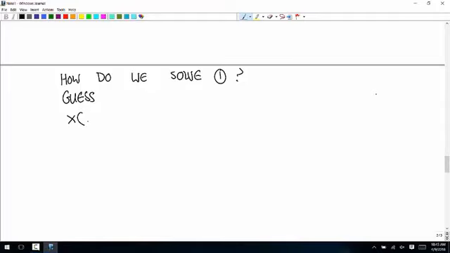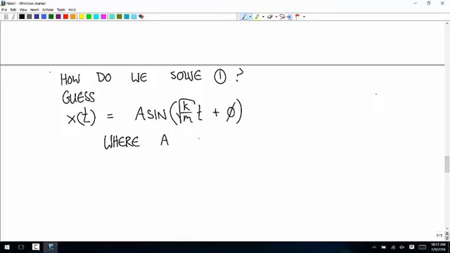So we're going to guess that x is equal to some constant A times the sine of the quantity square root of k over m times t plus the angle phi, where A is the amplitude and phi is called the phase angle.